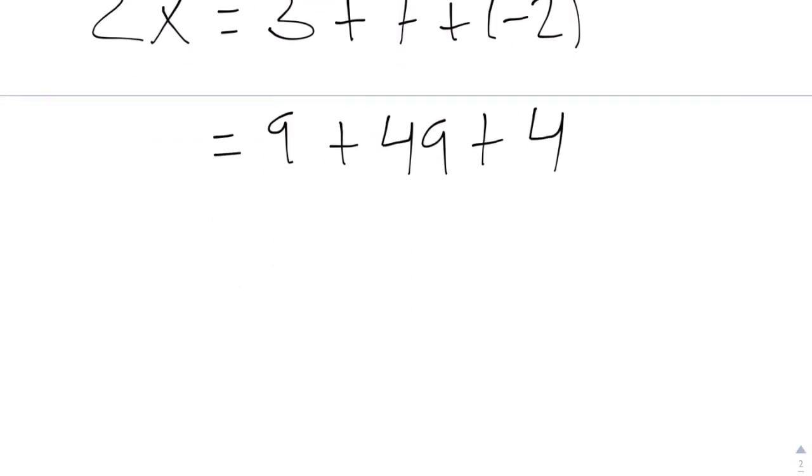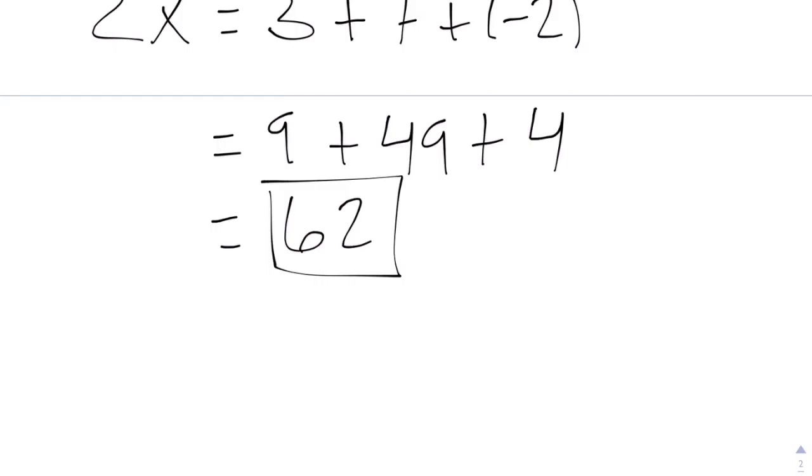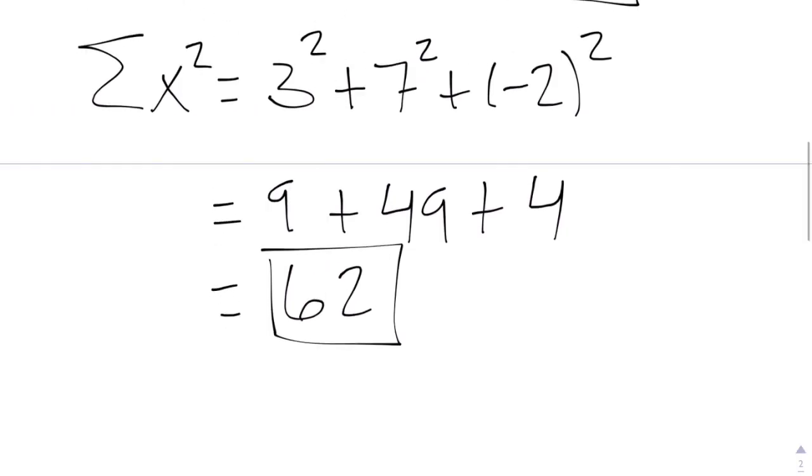And now we add them up. 9 plus 49 is 58, plus 4 is 62. Okay? So now we got another one, and we have one more.